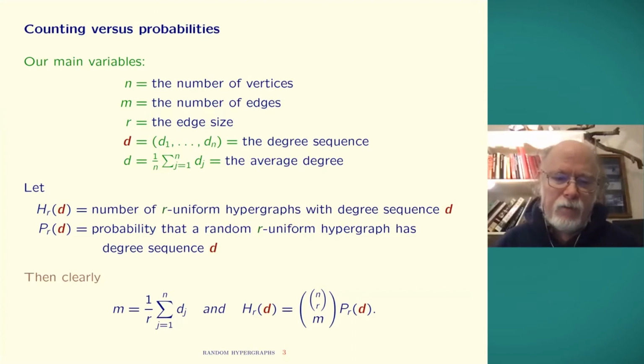Clearly, firstly, m is the sum of the degrees divided by R, because every edge contributes R to the sum.